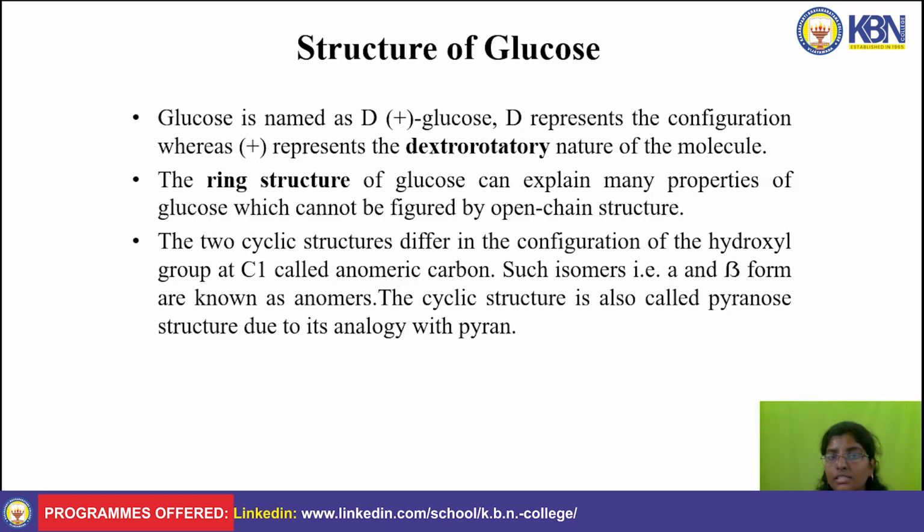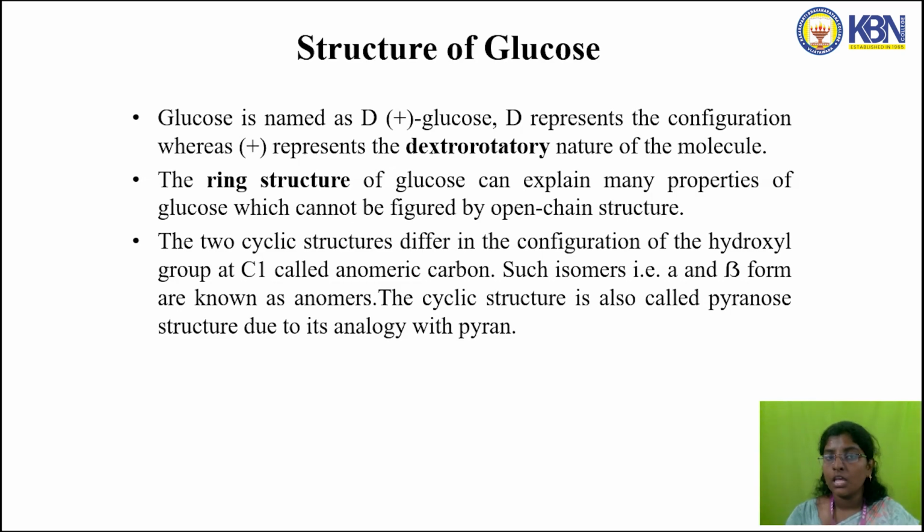Glucose is named D-plus-glucose, where the D represents the configuration, whereas the plus represents the dextrorotatory nature of the molecule. It has the ring structure and the open chain structure. The ring structure of glucose can explain many properties of glucose which cannot be explained by the open chain structure.